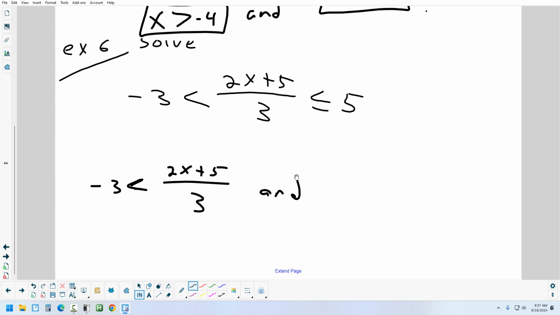How about Courtney? Could you give me the other one? (2x plus 5) over 3 is less than -12. Yeah. I'm going to leave solving it to you because that's just solving a linear equation. I would multiply both sides by 3 first, and then subtract the 5 and divide by 2. All right, but that's how you'd set it up. Questions on that? Okay, so just break it into 2 problems.